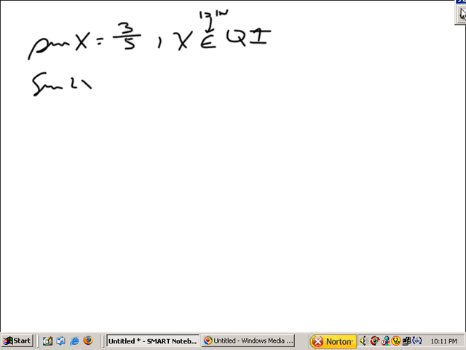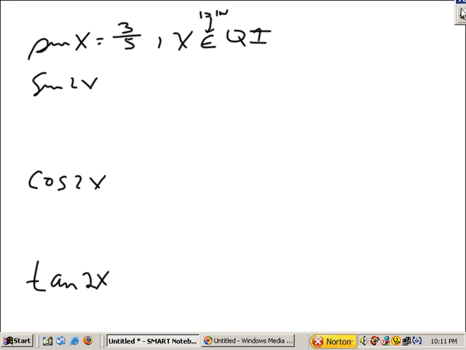For example, if you were told that the sine of x is equal to 3 over 5, and x is in quadrant 1, and they say find the sine of 2x, find the cosine of 2x, and find the tangent of 2x.